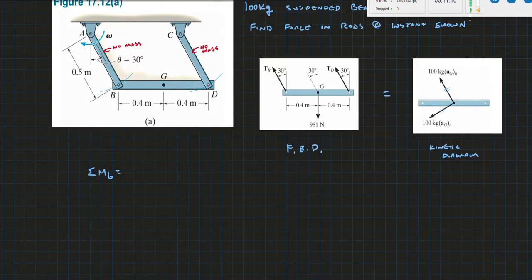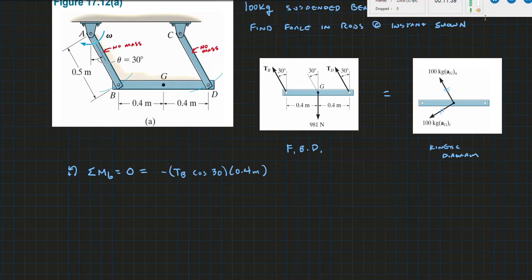Let's begin by summing moments about G this time. And again, there is no rotation going on of this member BD, so there is no I alpha term. There is no alpha term. So when we sum moments, this is set equal to 0.